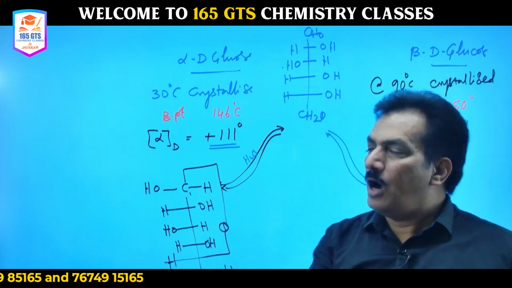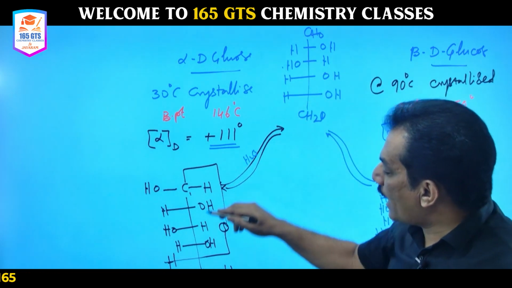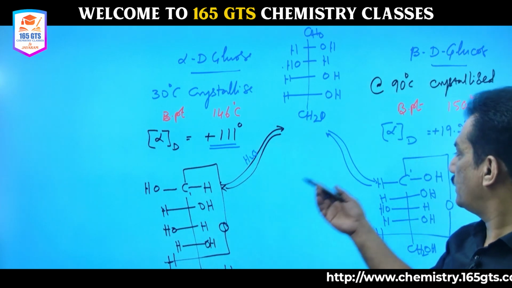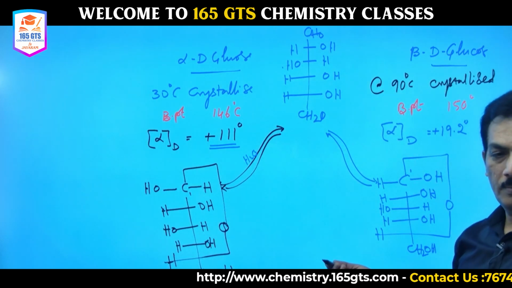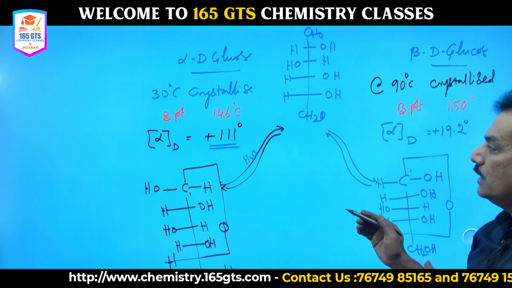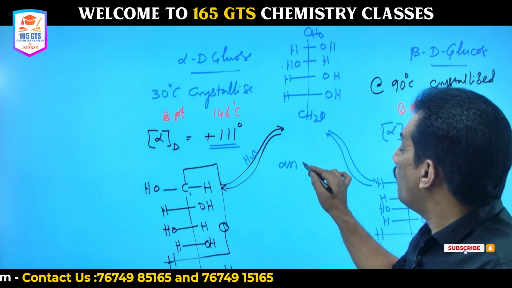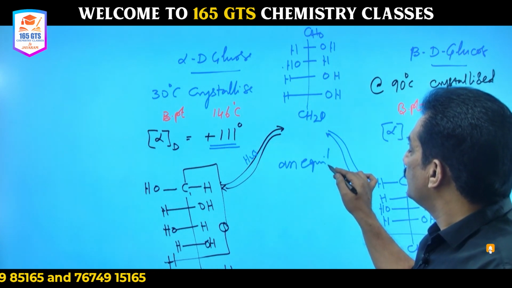In that course, it may turn back to beta form, or if OH attacks in the other direction, it may convert into alpha form. The possibility is there. Like this, among these three, an equilibrium is established.